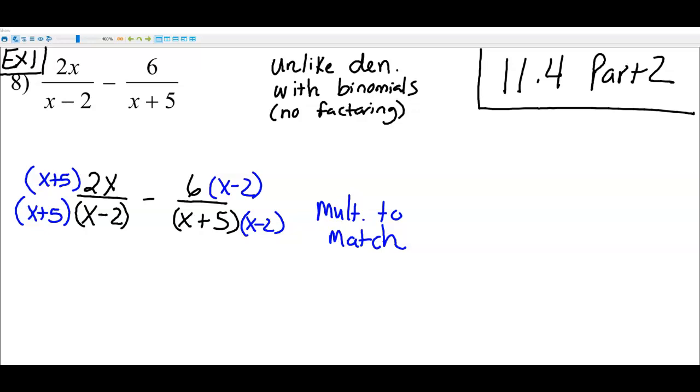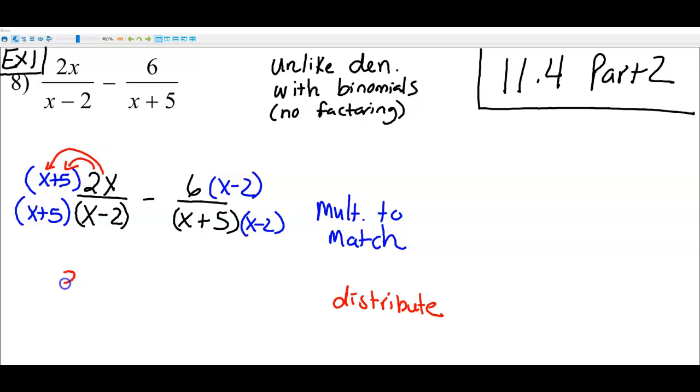Okay. So here, I would distribute. That'll be my next step. Use red for this one. Distribute. I'm going to take this 2 and multiply it in on the top.